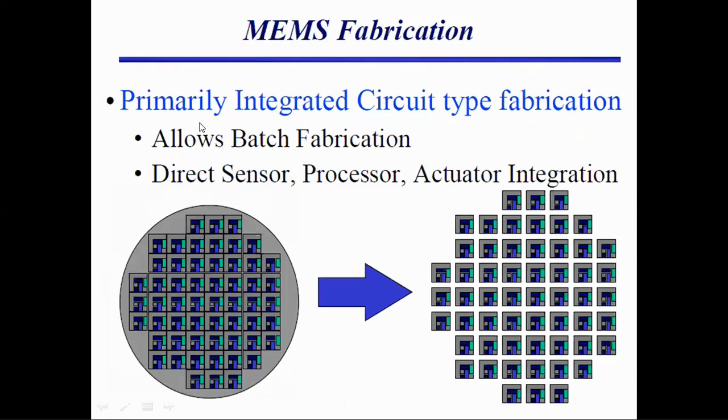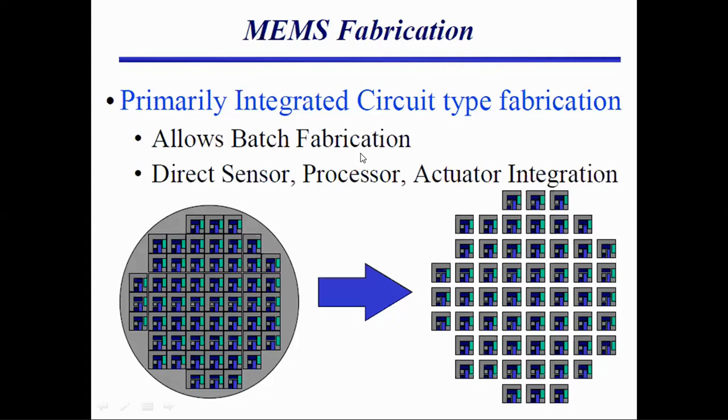So normally MEMS use preliminary integrated circuit type fabrication, which allows batch fabrication. We do batch fabrication because microfabrication or microelectronic fabrication is a very expensive process, and the cost of the devices has been reduced with the help of mass production based fabrication.